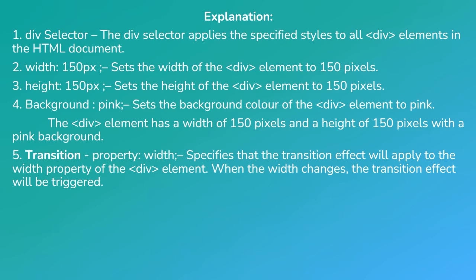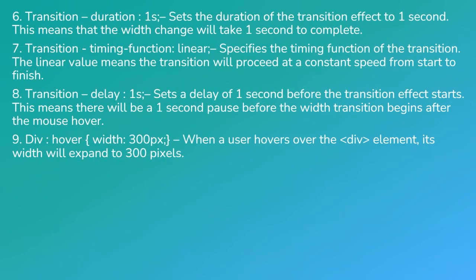5. Transition-property: width specifies that the transition effect will apply to the width property of the element. When the width changes, the transition effect will be triggered. 6. Transition-duration: 1s sets the duration of the transition effect to 1 second.